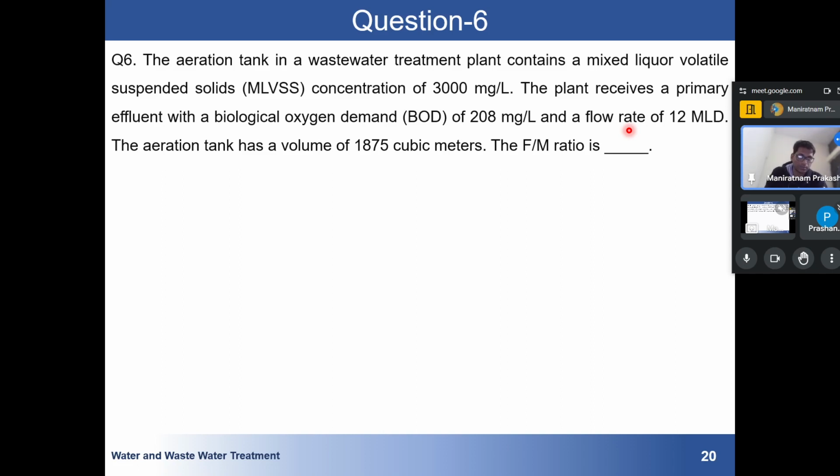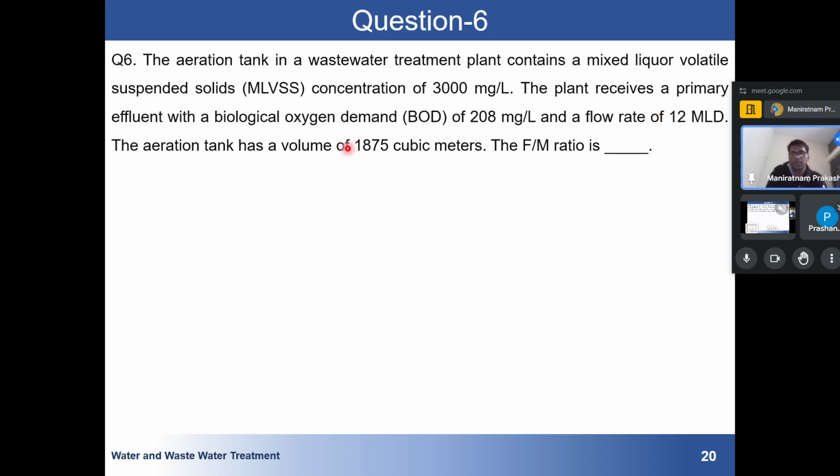There is a defined time duration, that this treatment plant will run from this time to this time. Suppose the treatment plant only runs for, say, 5 hours. From this calculation, you can imagine how much water is coming for the treatment.